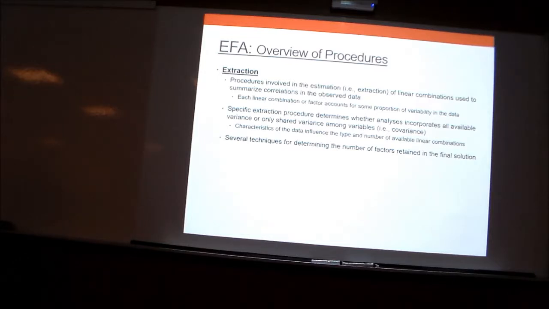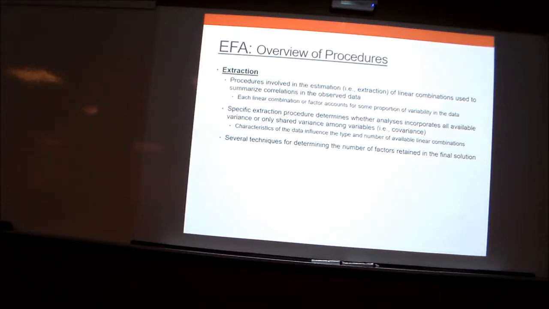And so the first thing we need to do is determine how many unobserved factors we're going to extract, okay? Essentially what this involves is, based on the data, making a determination of the number of linear combinations we're going to need in order to adequately summarize our observed correlations.